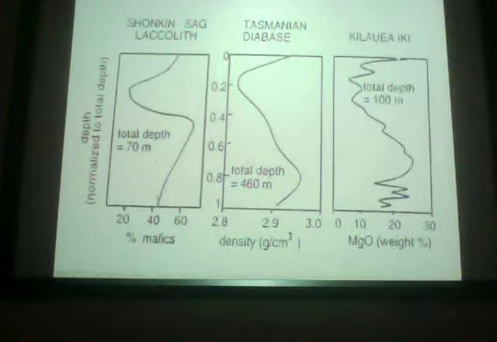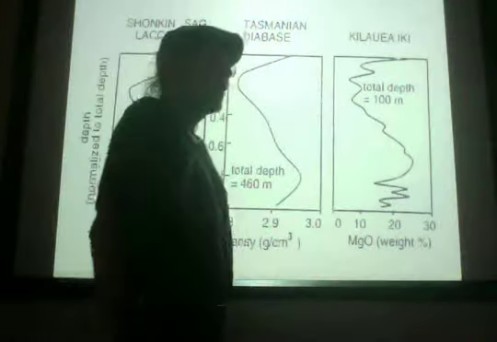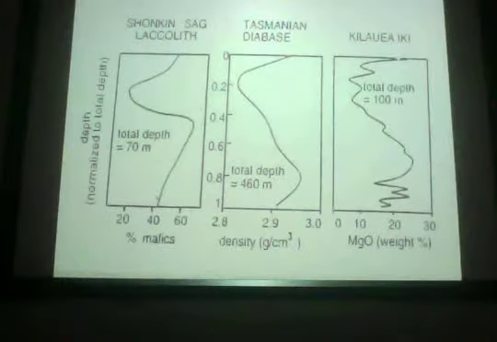So then we have the Tasmanian diabase. If you are looking here for a chromite ore deposit, at which depth would you look? At the depth where you have the highest or the lowest density? Which has a higher density, a mafic rock or a granitic rock? The mafic, yeah.